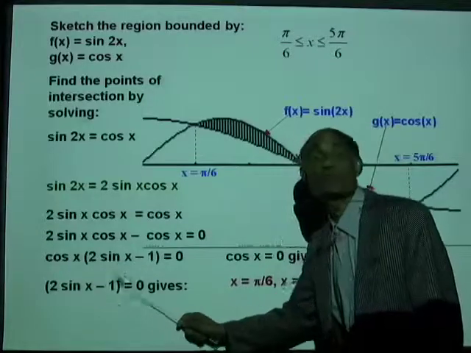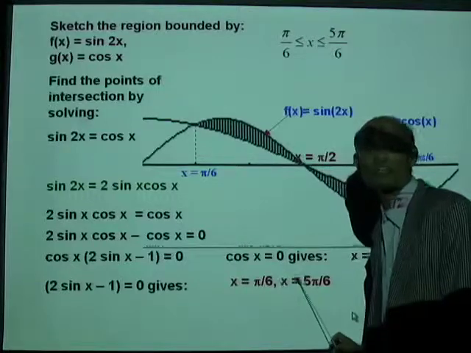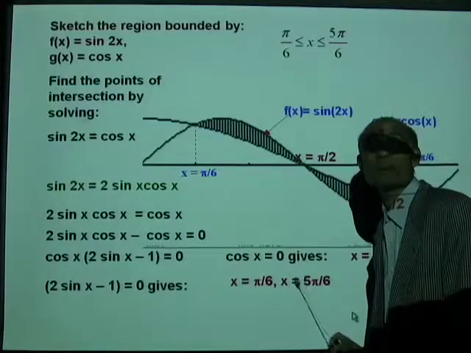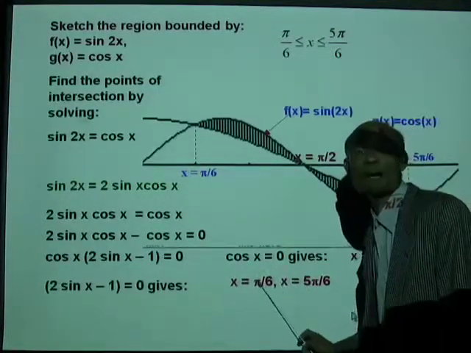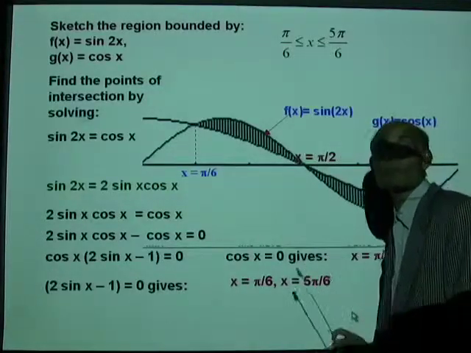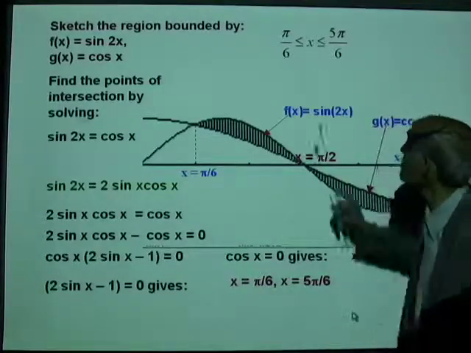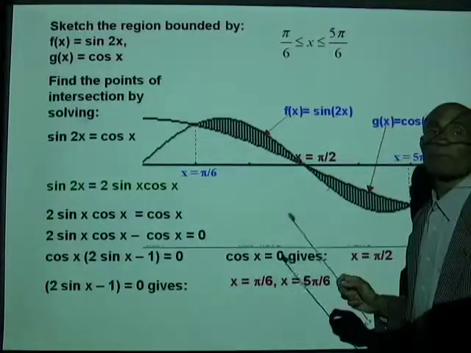And if sine x equal to 1/2, one value of x is pi by 6 and the other value is 5 pi by 6. Sine of pi by 6 is 1/2. Sine of 5 pi by 6 also is 1/2, isn't it? And these are the limits that are given to us.